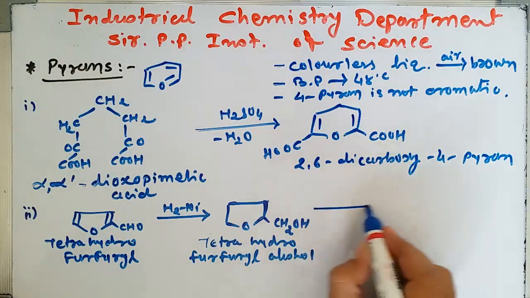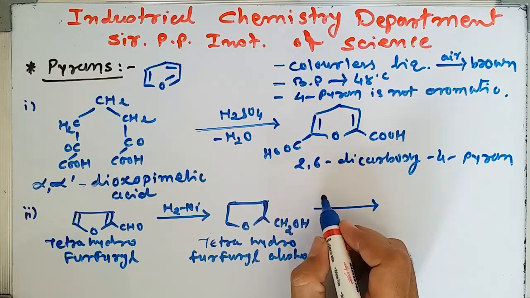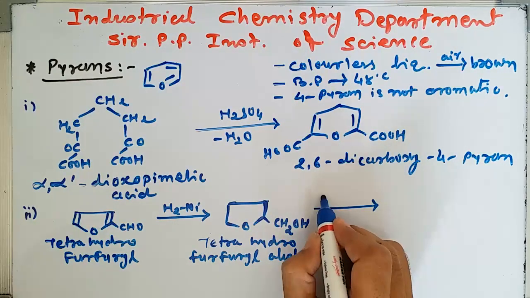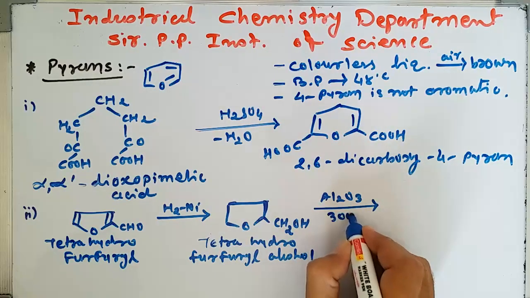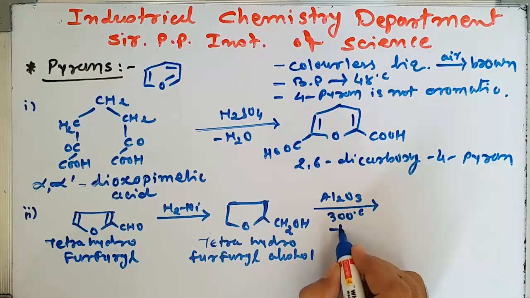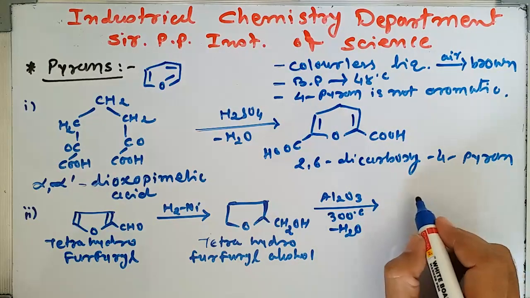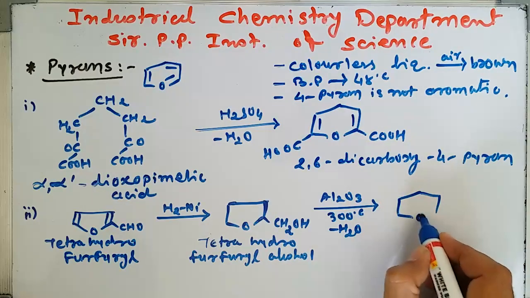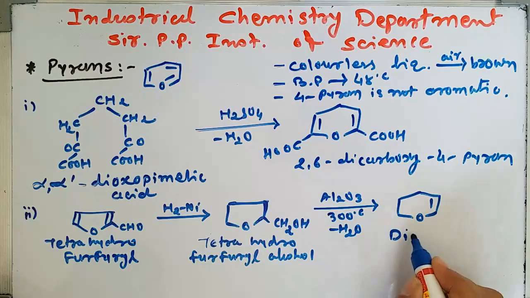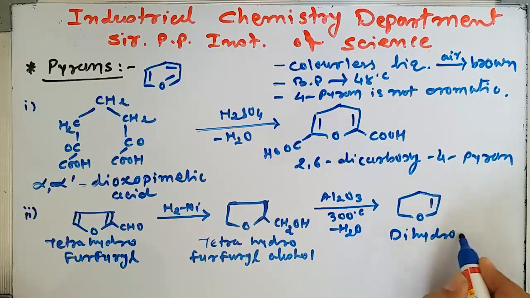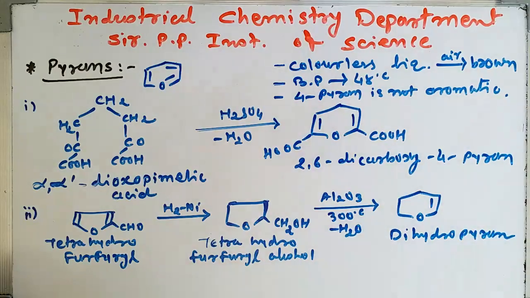It is treated with alumina, Al2O3, at 300 degrees Celsius. Loss of one water molecule converts it into dihydropyran. So this is the second derivative of pyran.